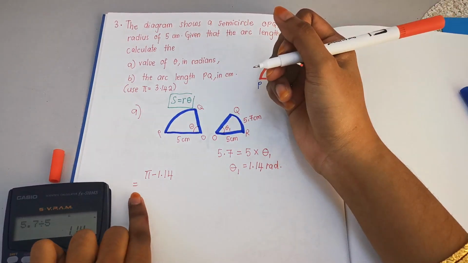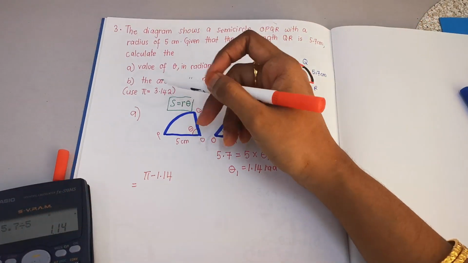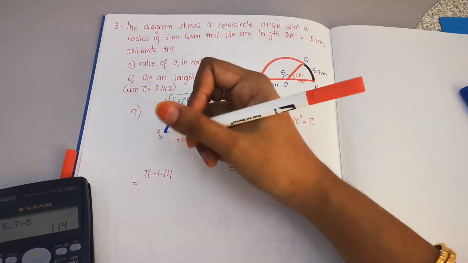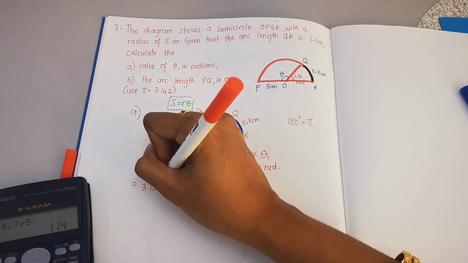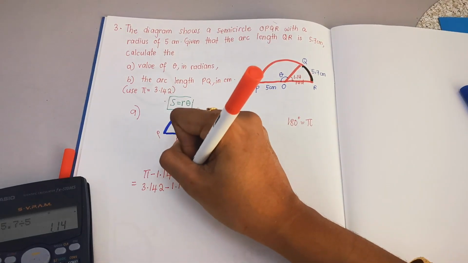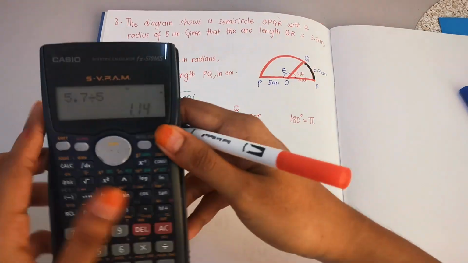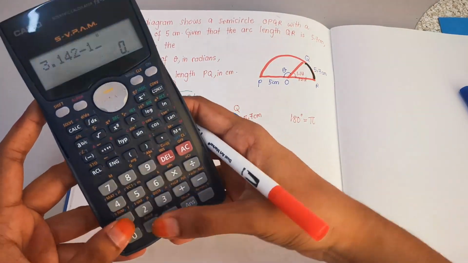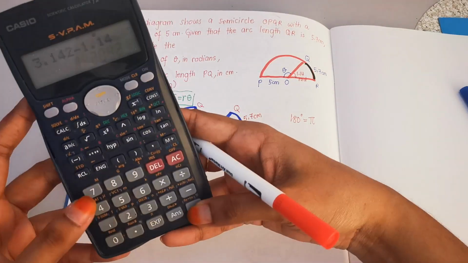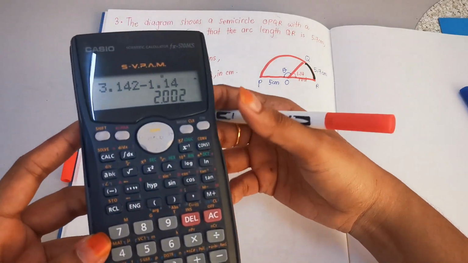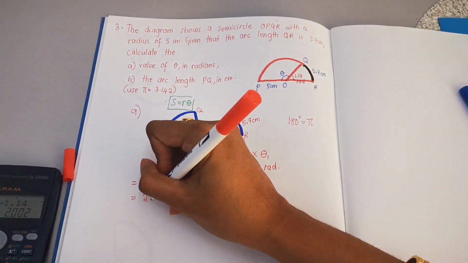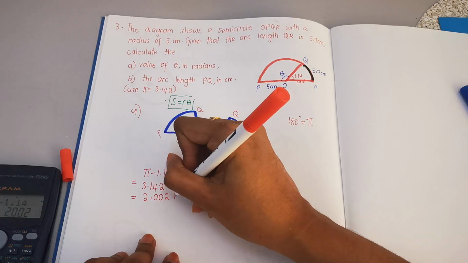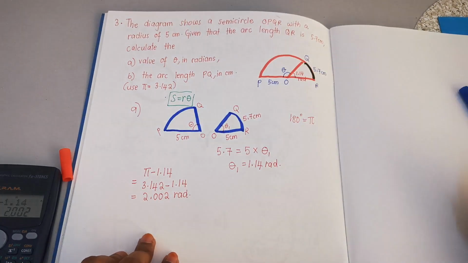Okay, the pi, don't write it as pi because they have asked us to use pi equals to 3.142. So 3.142 minus 1.14, we will get 2.002. So your answer is 2.002 radian.